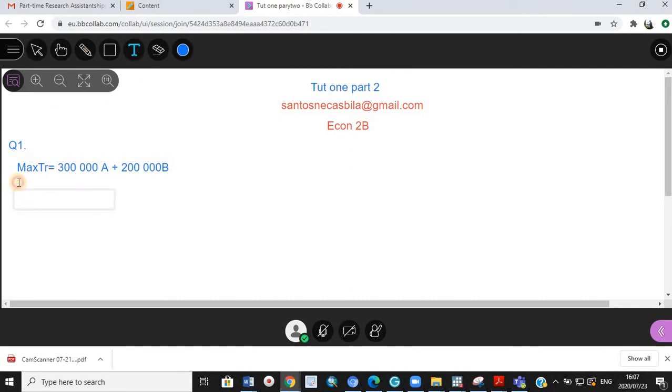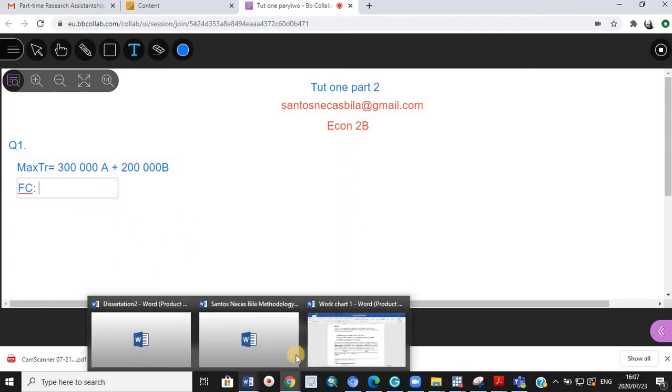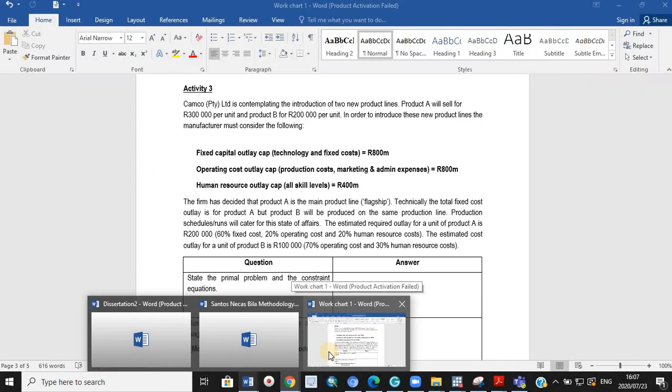Very good. We have fixed cost. Okay. This is the first constraint. The fixed cost, they say, let's go. They say it must be equal to the overall fixed cost for both A and B. It must be equal to 800 million, right?